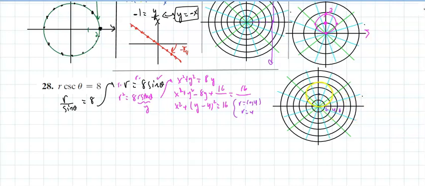If I go up 2 units, 2, 4, and if I move 4 above, 4 below, 4 to the right, and 4 to the left, that would be my actual circle. Oh, that looks like an ugly circle. There it is. A circle like this.